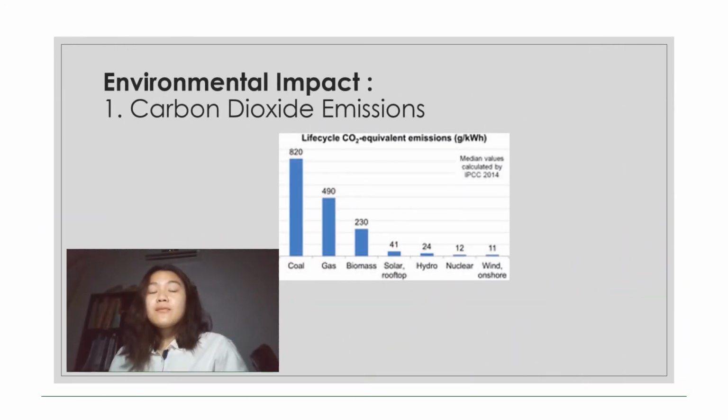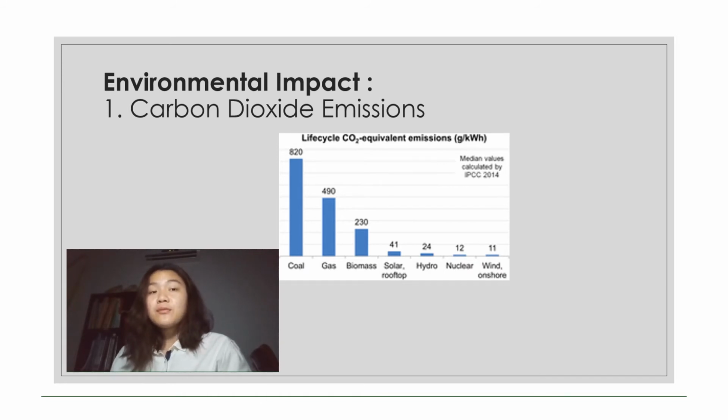So, what are the environmental impacts of nuclear power? Nuclear power is one of the leading low-carbon power generation methods of producing electricity, and in terms of life cycle greenhouse gas emissions per unit of energy generated, it has emission values comparable to or lower than those of renewable energy.